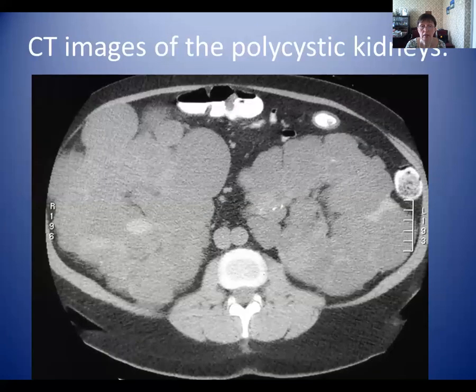And this is the same polycystic kidney disease, but as it is seen at computed tomography. On CT images, we can notice very large kidneys, which consist of a lot of cysts.